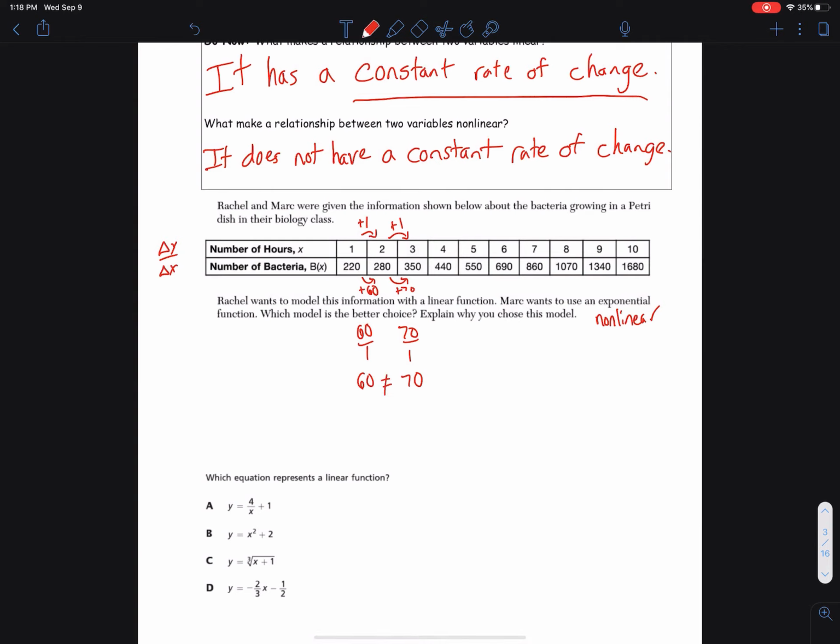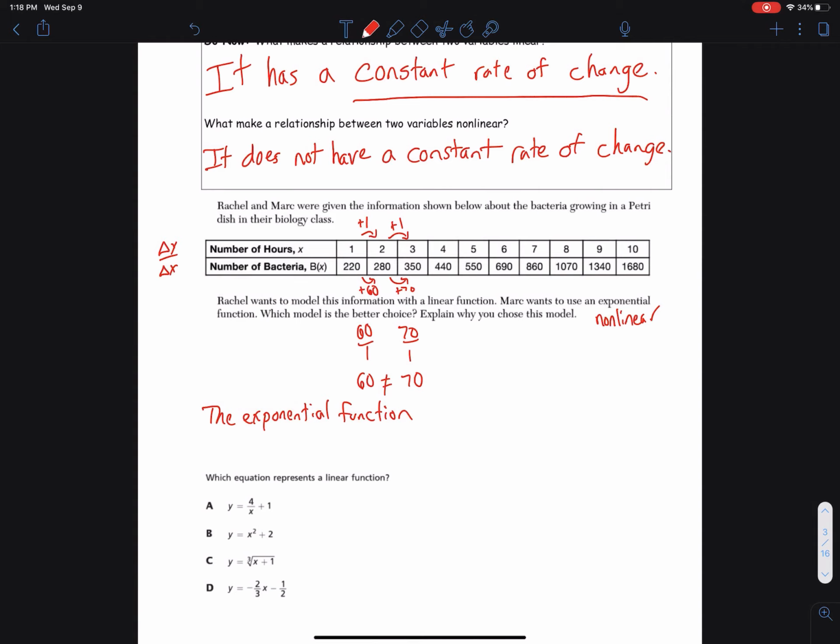These do not have a constant rate of change. They do not have the same slope or rate of change. So therefore, we do not want to choose a linear function. We want to choose the nonlinear, the exponential function. So which model is a better choice? The exponential function. And make sure you explain your reasoning here, explain why you chose that method.